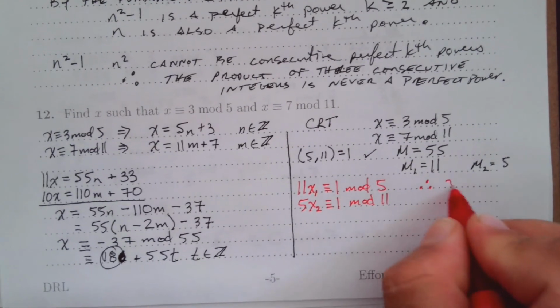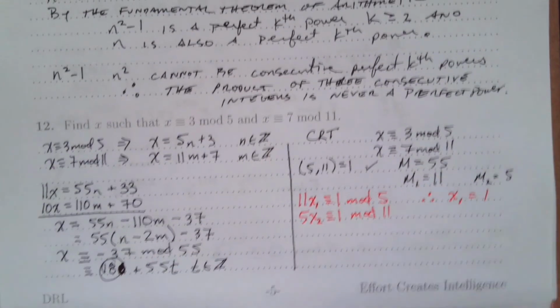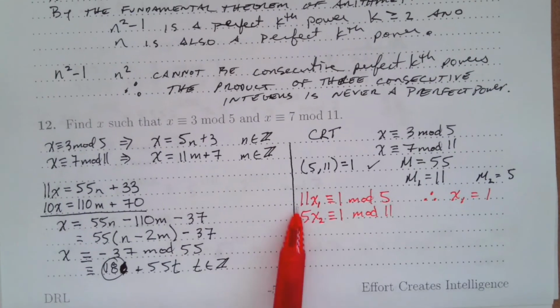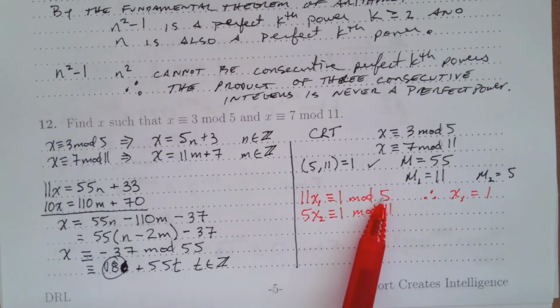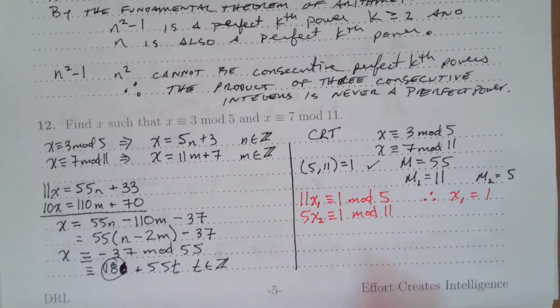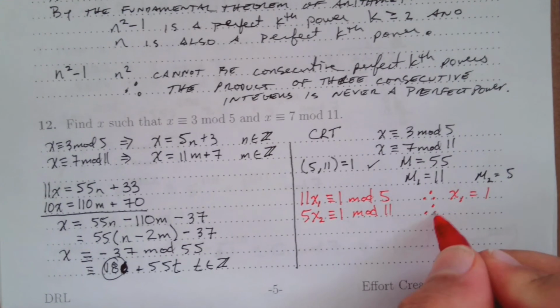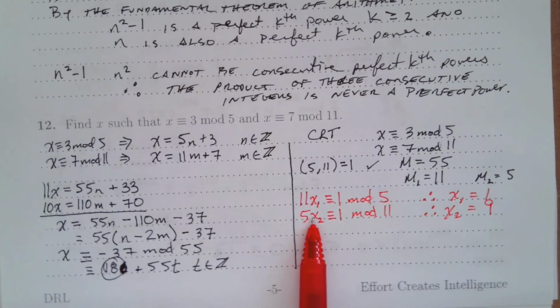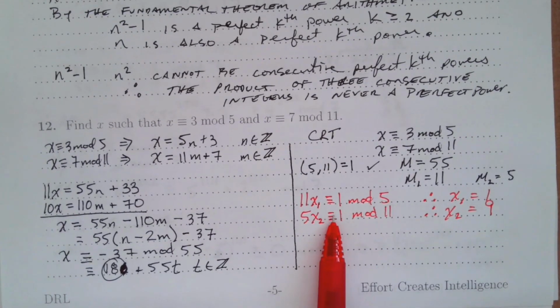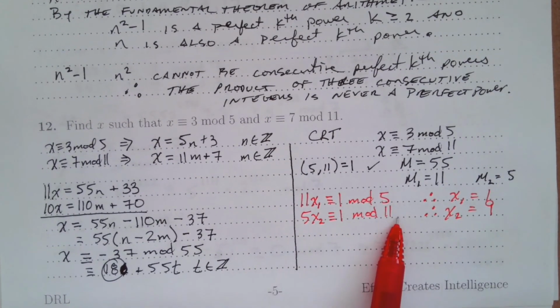All right. By inspection, x1 has to equal 1, because 11 times 1 will be 1 more than 10, which is divisible by 5. And by inspection here, x2 can equal 9 because 5 times 9 is 45, and that's 1 more than 44, which is divisible by 11.